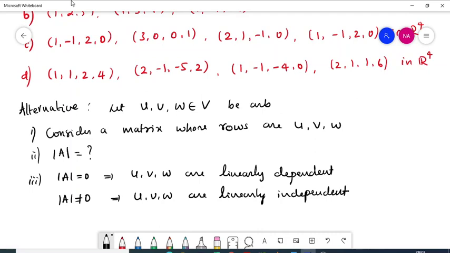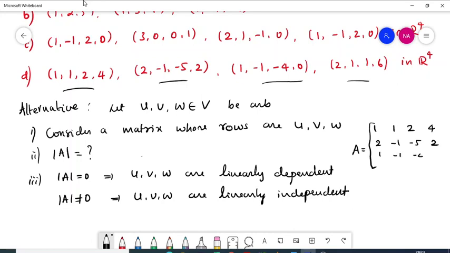See, for example, we need to check whether these vectors are linearly dependent or not. What do you need? You have to consider A to be this: 1 1 2 4, 2 minus 1 minus 5 2, 1 minus 1 minus 4 0, 2 1 1 6.